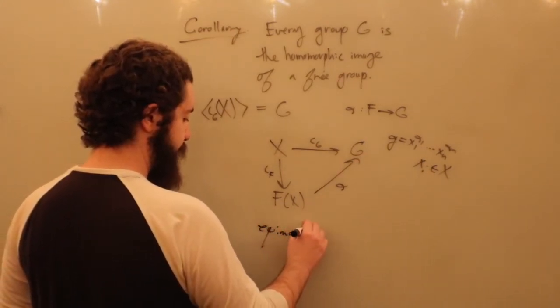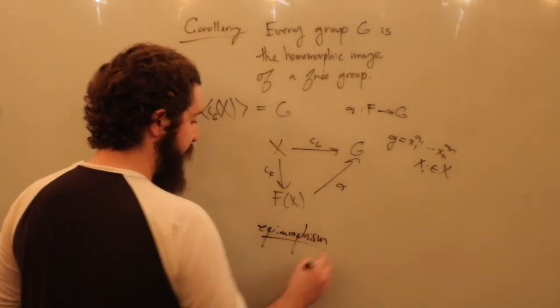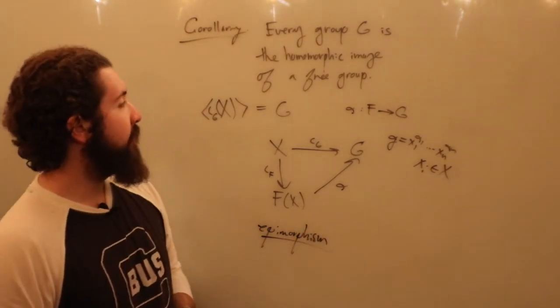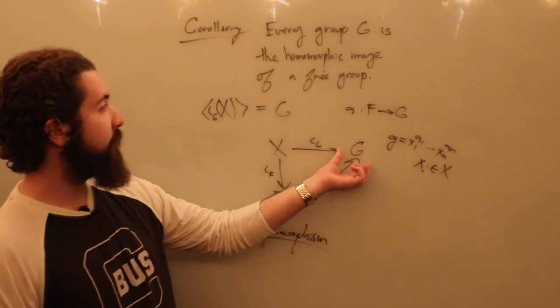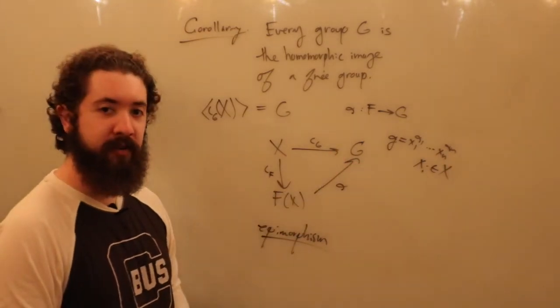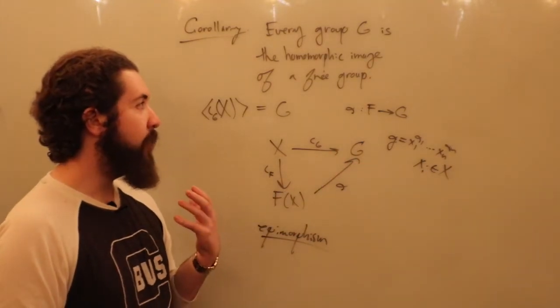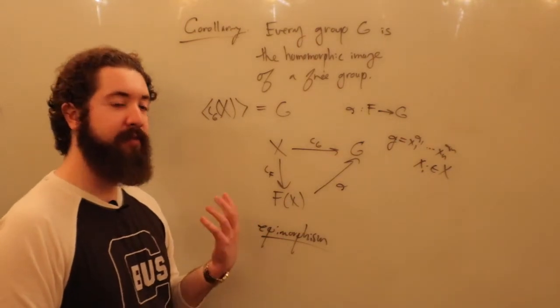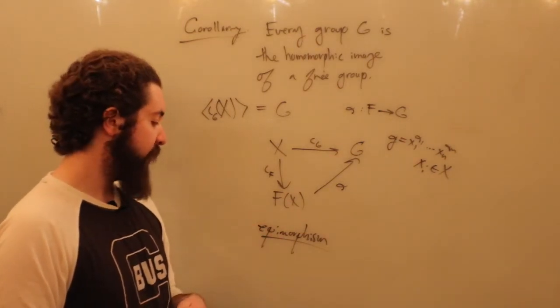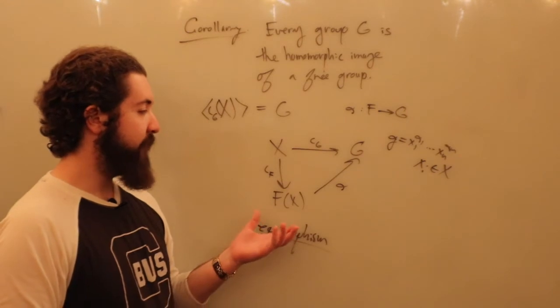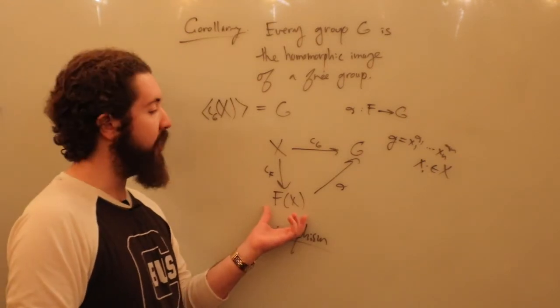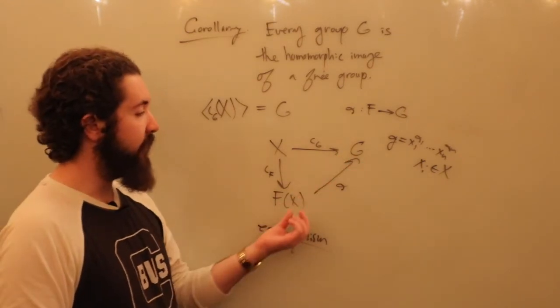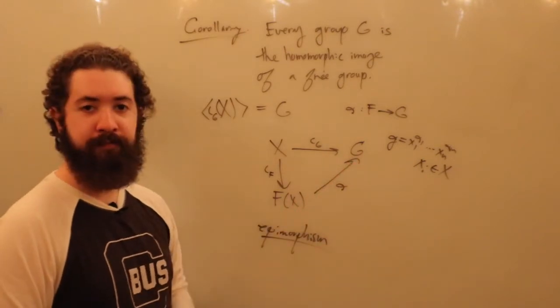And thus, you see, just by the picture really, that every group G is the homomorphic image of a free group. So we can, in some ways, obtain every group, not even just finite groups, this is really far-reaching, but we can obtain every group via a free group on that group's generators and a homomorphism between these two.